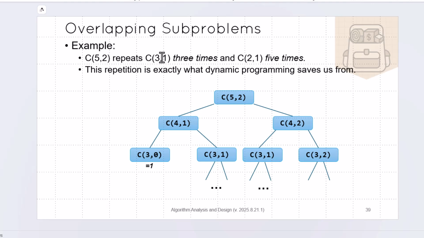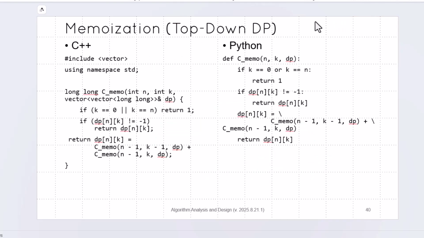C of 5, 2 repeats previous calls, like C of 3, 1, and then you get another C of 3, 1, so it repeats it 3 times, and C of 2, 1 5 times, right? This repetition is exactly what dynamic programming saves us from. Okay, here's memoization, top down.